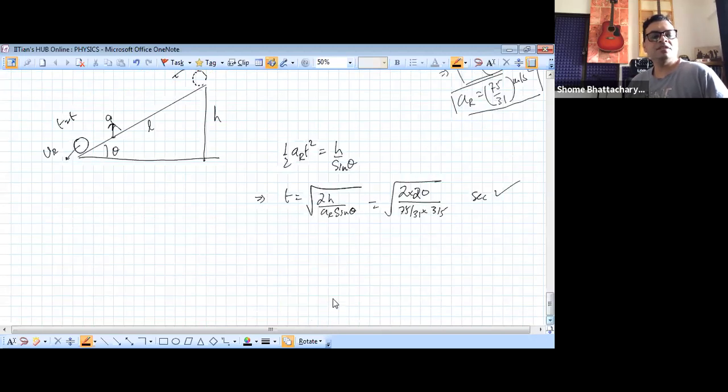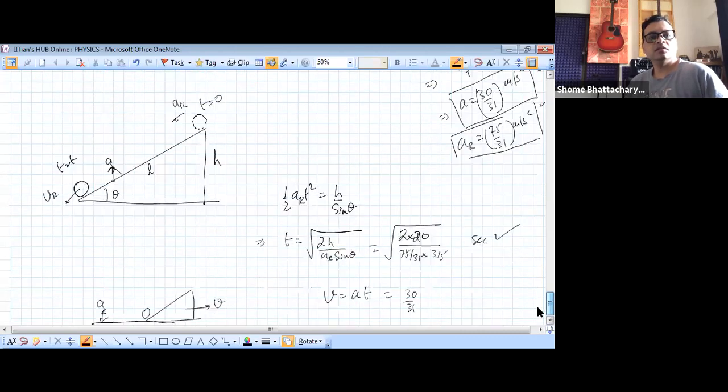And once we got the time in seconds, we can also calculate the wedge's speed in the ground frame at that point of time. Let's say V. So V will be nothing but A into T. So that will be your 30 by 31, that goes our A, I think, into this time.